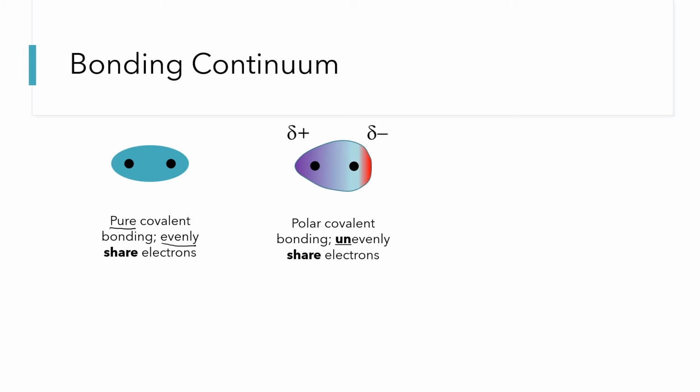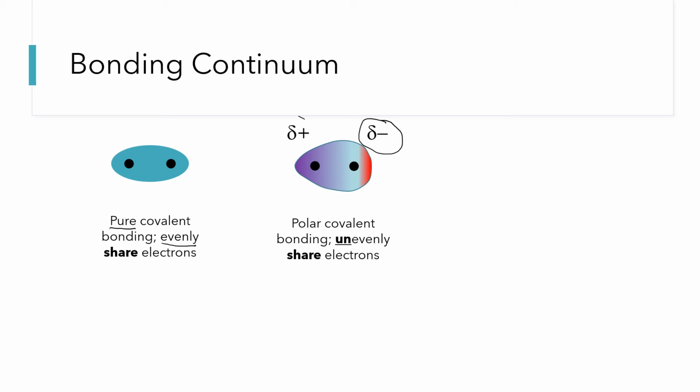Here we're still sharing a pair of electrons, but now they're unevenly shared. One of the atoms pulls on the electrons more strongly than the other atom does, so the electrons tend to spend a little bit more time around that atom, and we indicate this by this symbol right here. The Greek letter there is the lowercase Greek letter delta, and so that delta minus means that there's a partial negative charge.